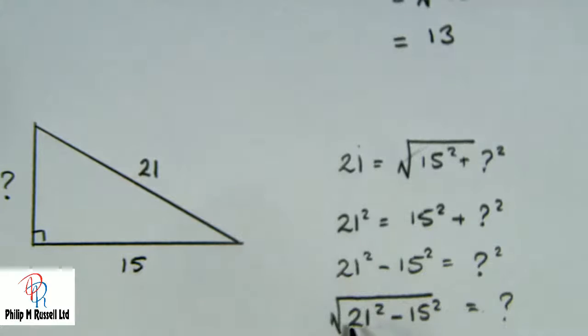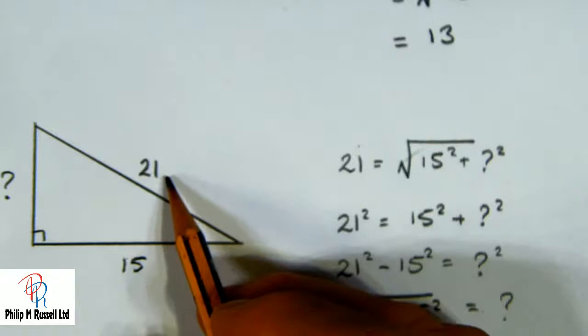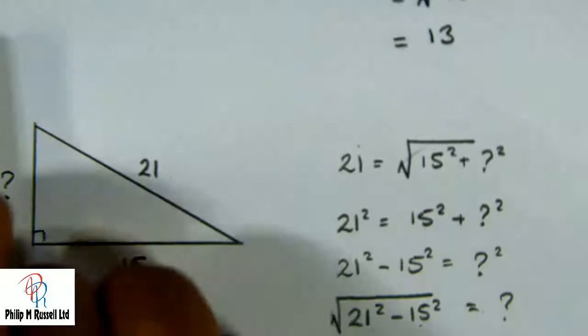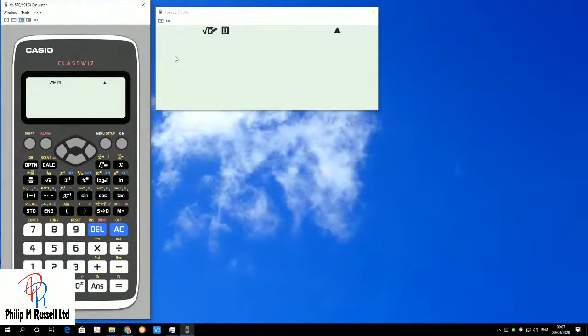If you've got the hypotenuse, we're going to use minus one of the other sides to find out the other side. All I need to do now is put in this equation.